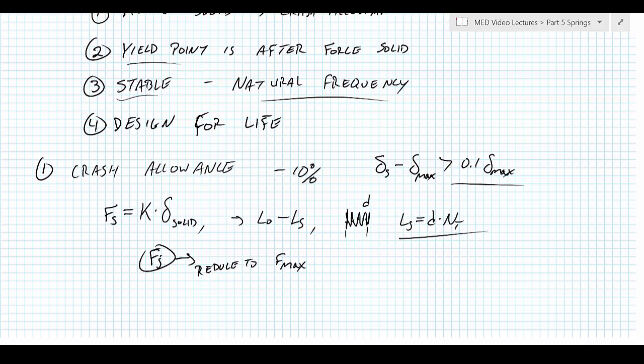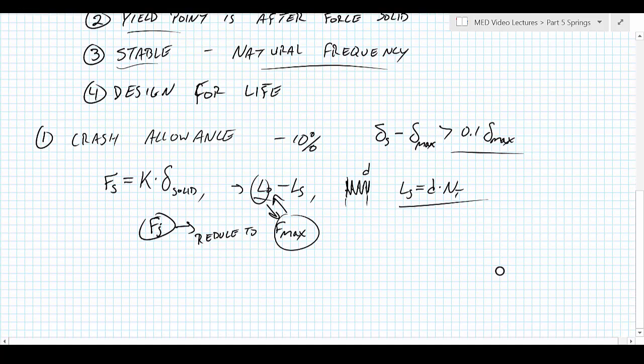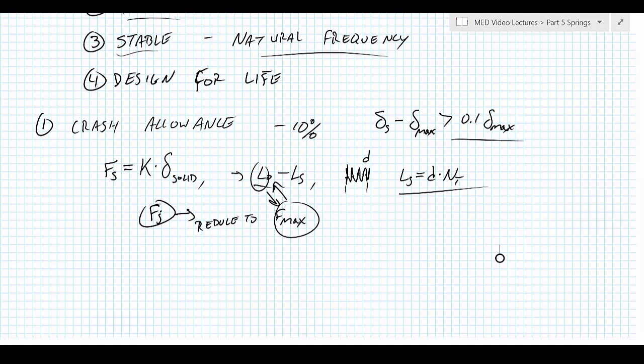You can work it the other direction and say, all right, what's 10% more times the spring rate to find the total force that we want, the force that would make it go solid. And that gets us back to this default length. So either start with the default length and find the F max, or start with some F max and find a resting length.